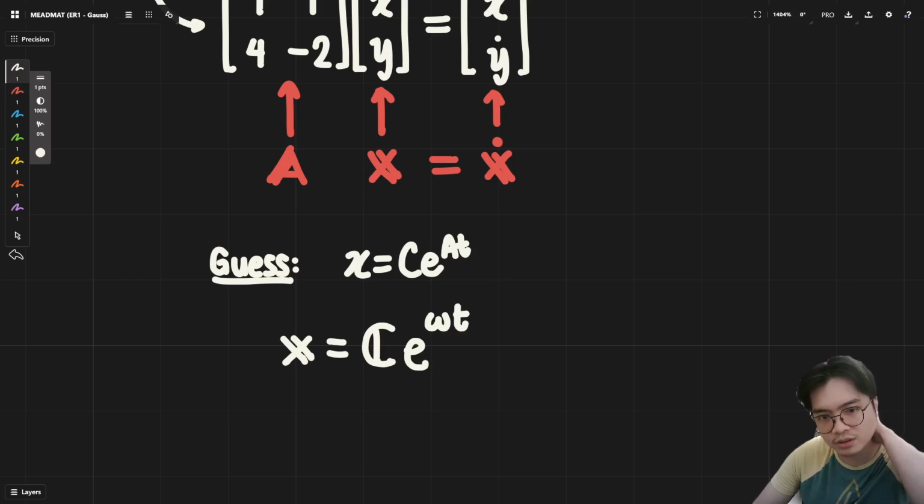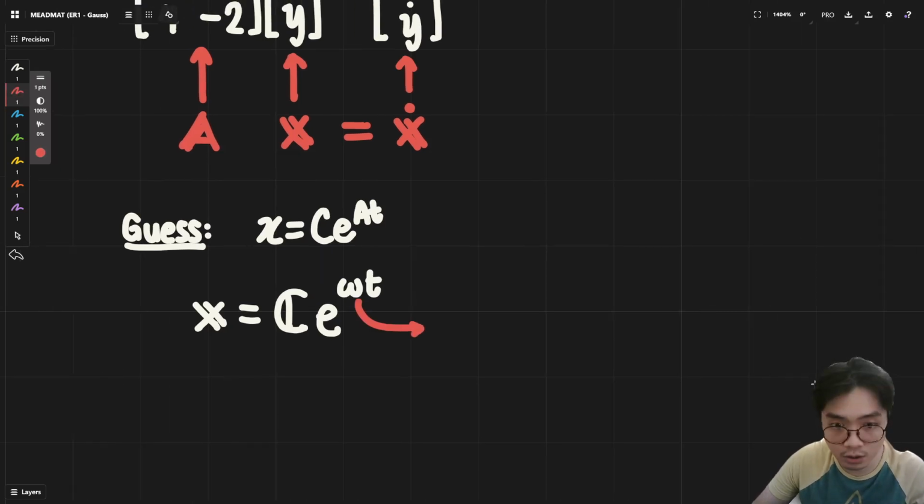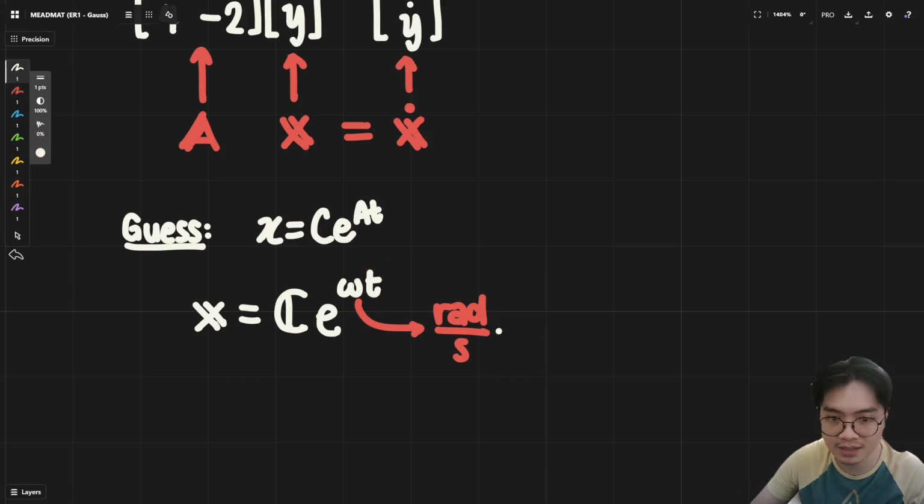And here we will denote this with the letter omega. That is the case because usually omega, if you remember, is angular velocity, and it has units of radians per second. And if this is time, that should be multiplied by seconds, and this usually cancels out.